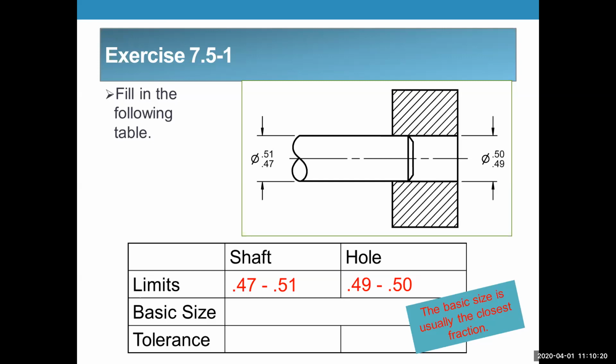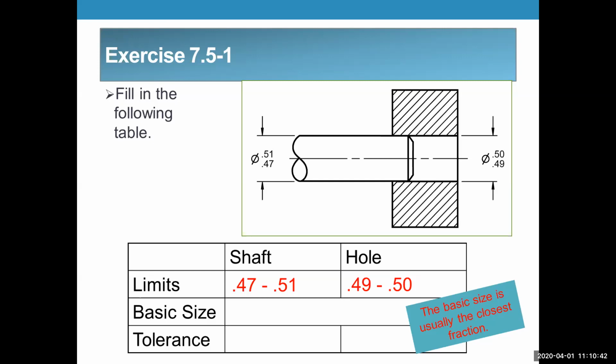So what's the basic size of these two features? Half inch. Half inch, right? There's one basic size for both of them, and it's whatever the nominal is for each one.